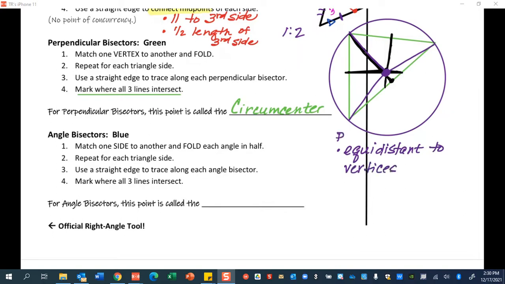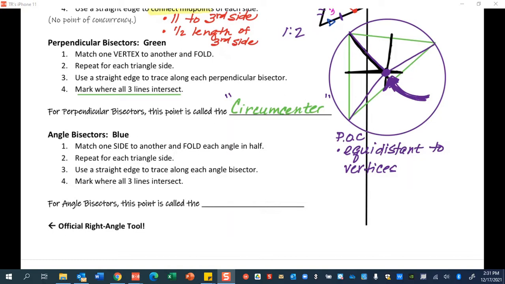And that is your point of concurrency. That point of concurrency is called the circumcenter. That circumcenter is where those lines intersect. And that, my friends, is going to be equidistant to each vertex. That's pretty cool.